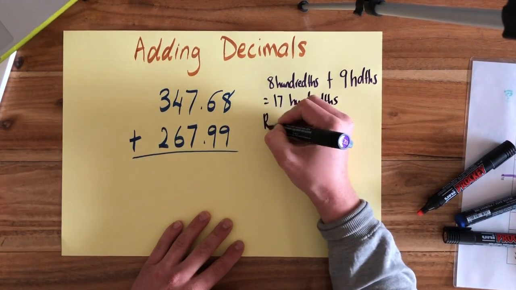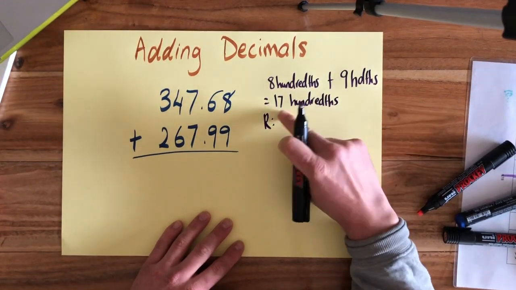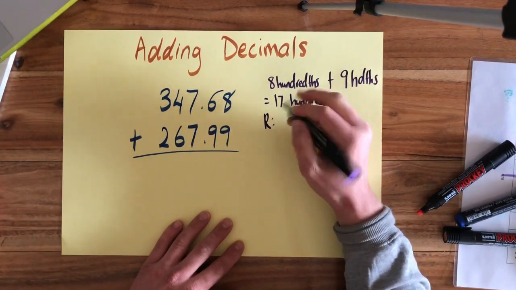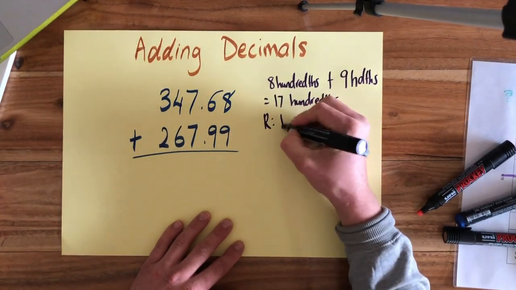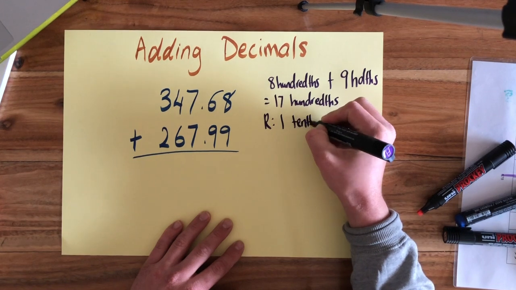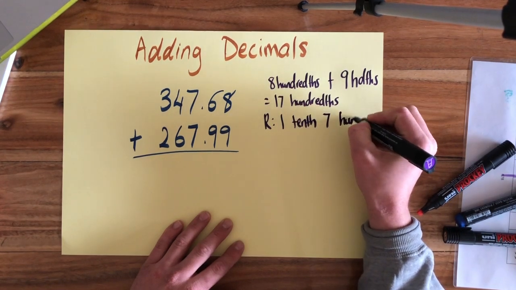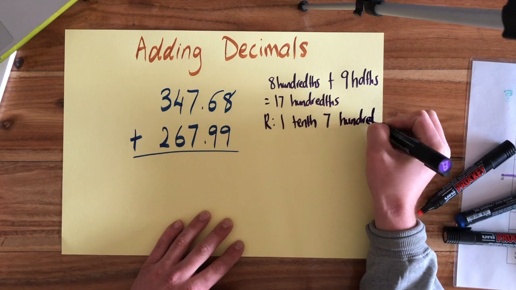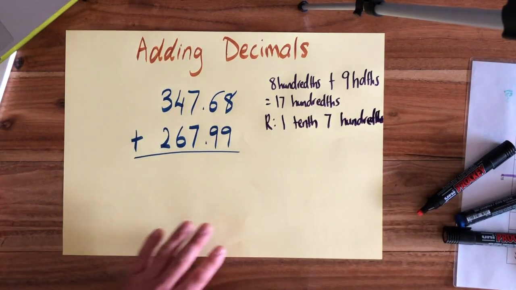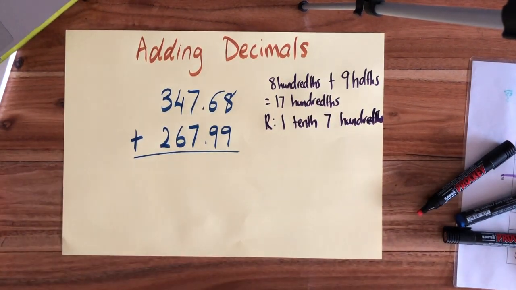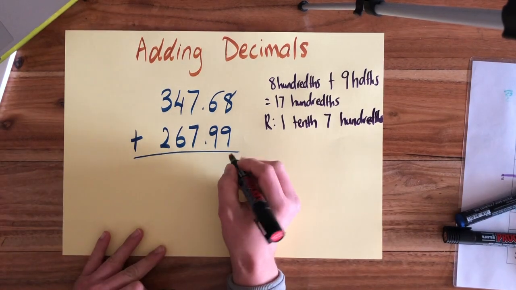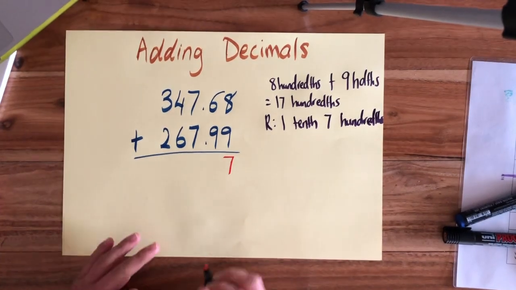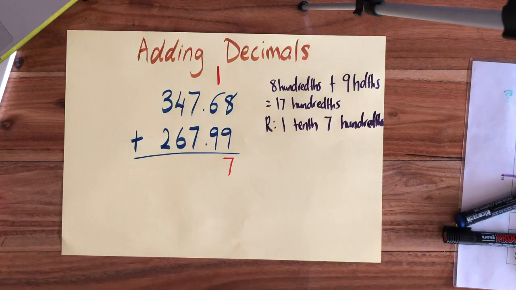I'm going to rename that because I can. 17 hundredths equals, so I've got 10 hundredths, so that makes 1 tenth, and 7 hundredths. So now we've got 7 hundredths needs to go in my hundredths place value. And my 1 tenth is an extra.